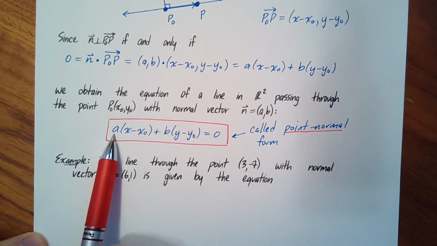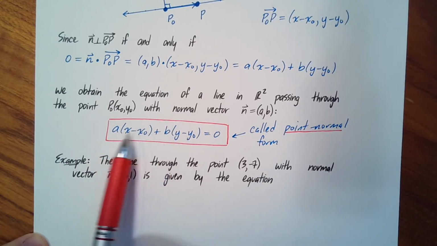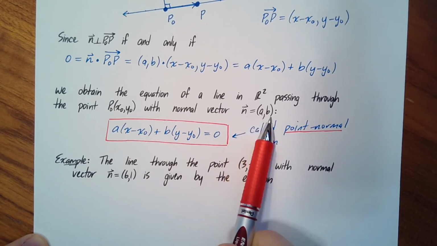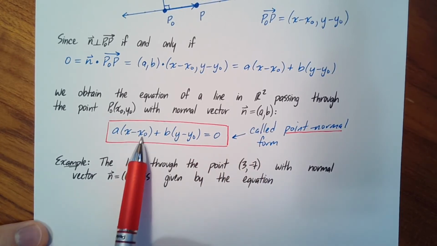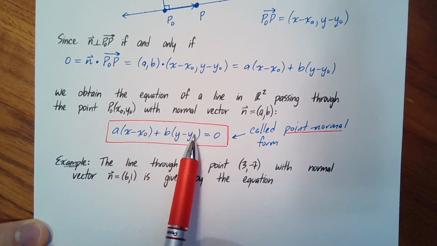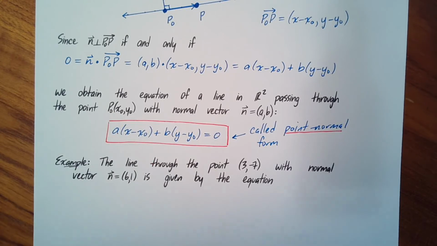Just pick off the coefficient of x minus x naught and the coefficient of y minus y naught, these two numbers in front. That's how you can form your normal vector. And then you can also get a point on the line. Just take this value here and this value here, put them together, and you get your fixed point P naught that is on the line. Okay, so that's why it's called point normal form.